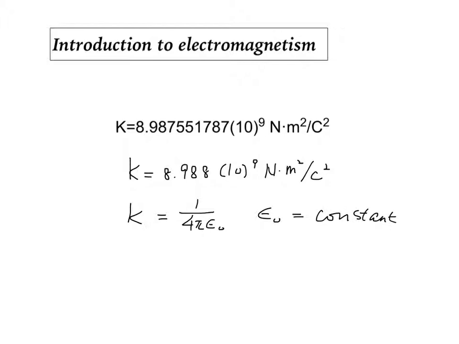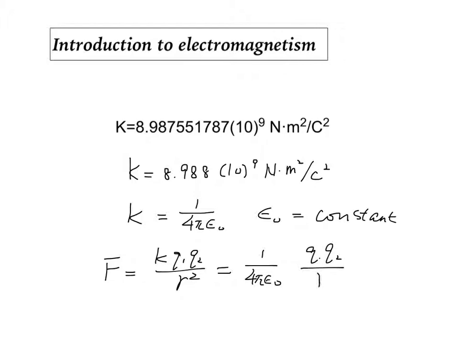So instead of writing F equals K Q1 Q2 over R squared, we usually write 1 over 4 pi epsilon 0 times Q1 Q2 over R squared. Although there's no obvious reason why we do this here, it will actually simplify our equations in the future.